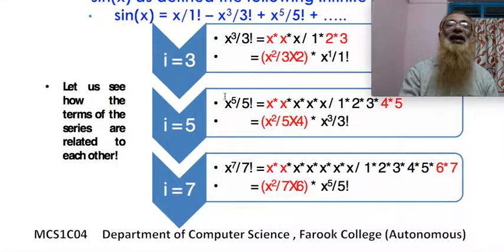See x^3 by 3 factorial and x^1 by 1 factorial. We have x^5 by 5 factorial here. We have x^3 by 3 factorial here. x^7 by 7 factorial. We have x^5 by 5 factorial.